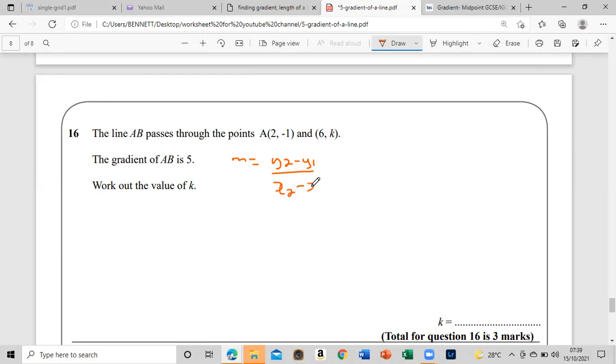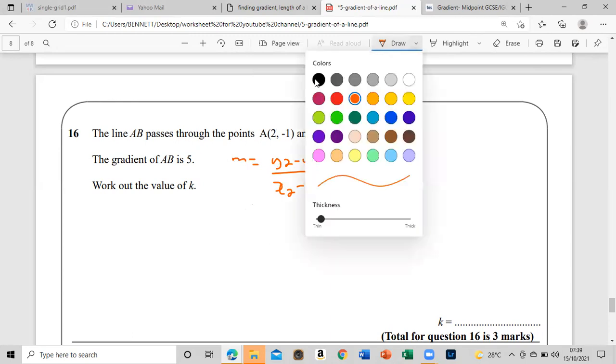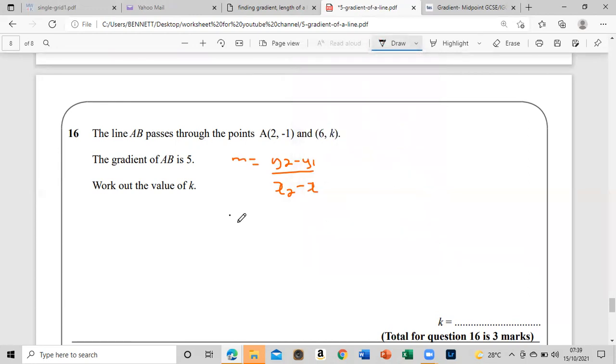So we know that the gradient is 5. Therefore 5 is equal to y2 minus y1 over x2 minus x1. We can label them so people can see x1, y1, x2, y2.